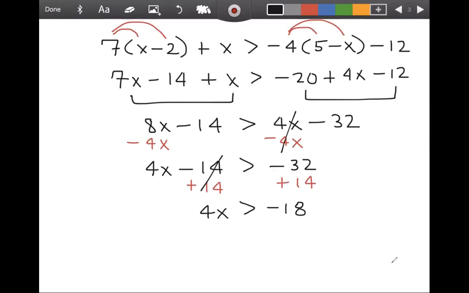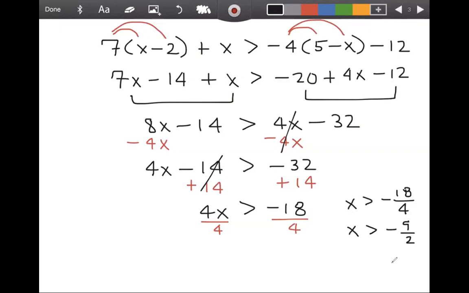And then I will divide both sides by 4, which gives me x is greater than negative 18/4. So you would just need to simplify that fraction. It simplifies to negative 9 halves.